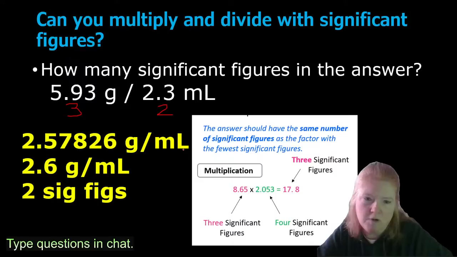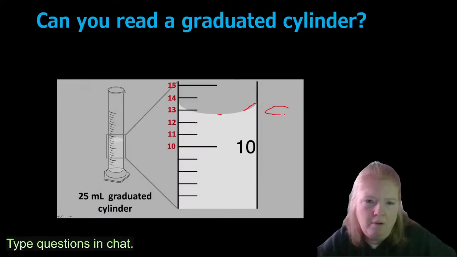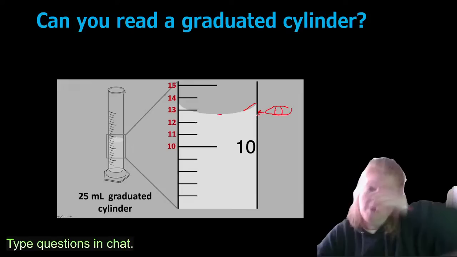All right, so reading a graduated cylinder, remember this shape right here is called the meniscus. You should read from the bottom of the meniscus, and your eyeball, right, should be right here. So reading at this level. So you shouldn't be reading from looking up above or down below. It should be literally right across. And we should always be estimating.